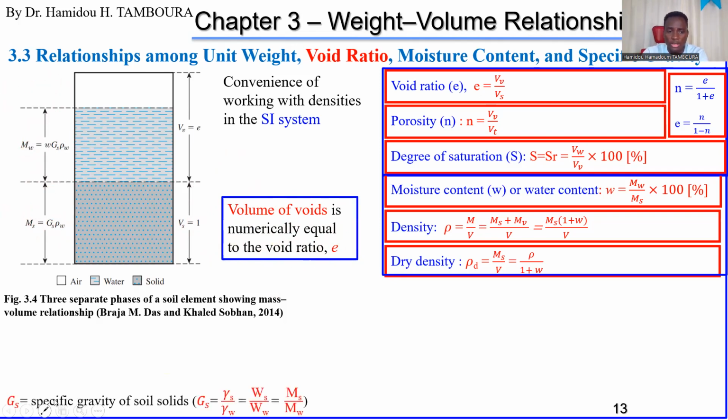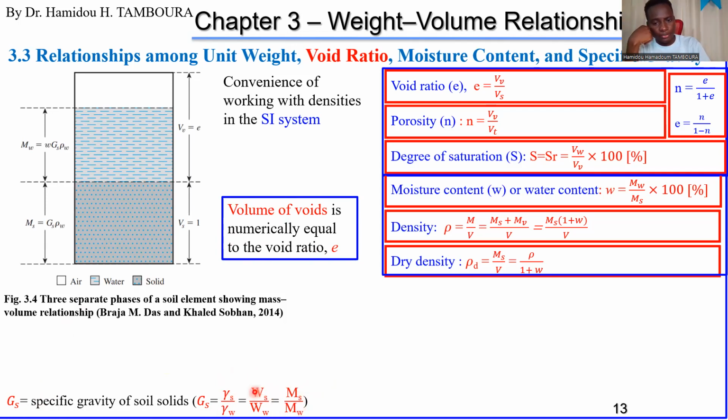For specific gravity, unit weight of solid divided by unit weight of water, or weight of solid divided by weight of water, or mass of solid divided by mass of water, you get specific gravity.